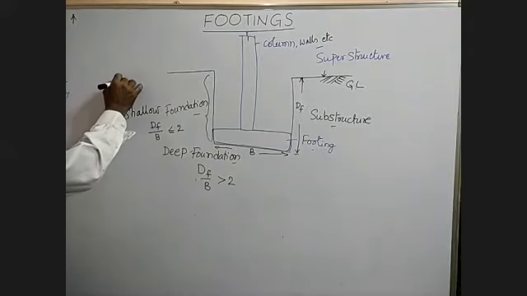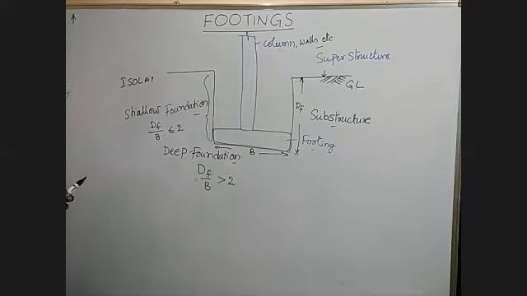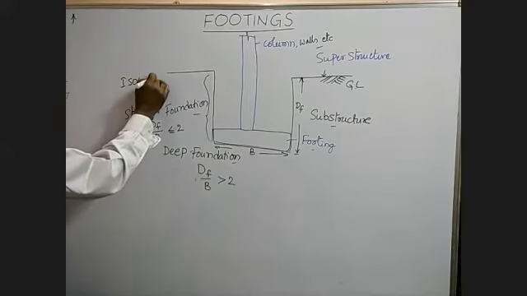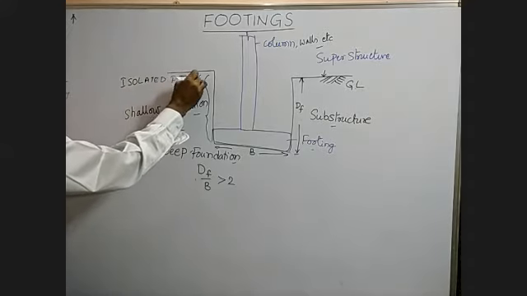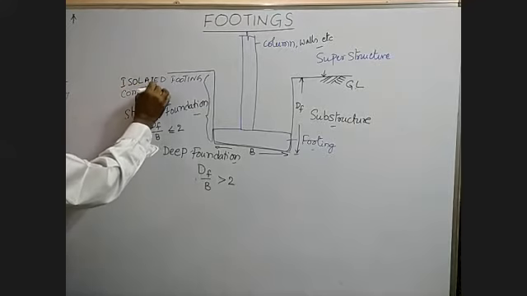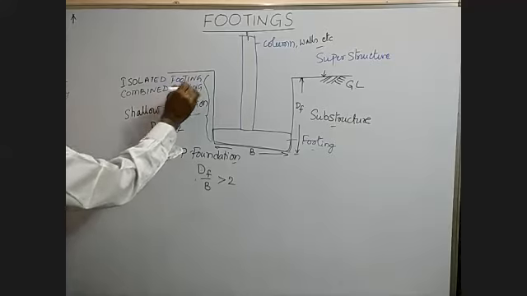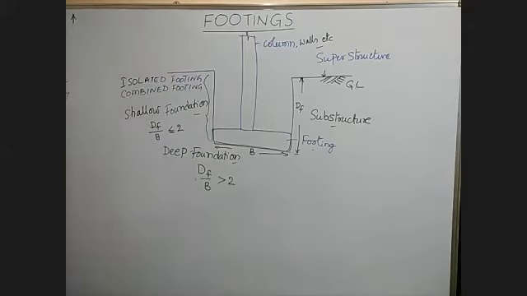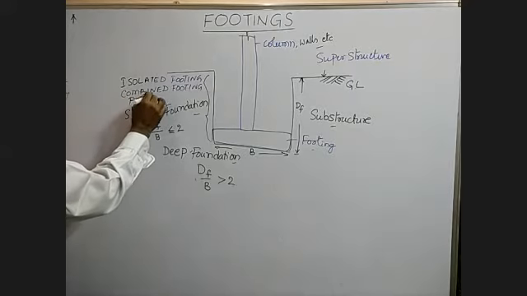Now, what are the different types of shallow foundations? The shallow foundations are isolated footing, combined footing, raft foundation, raft footing, or mat.